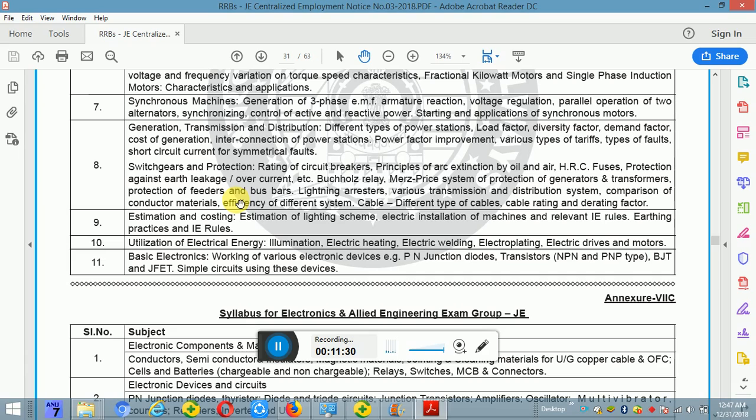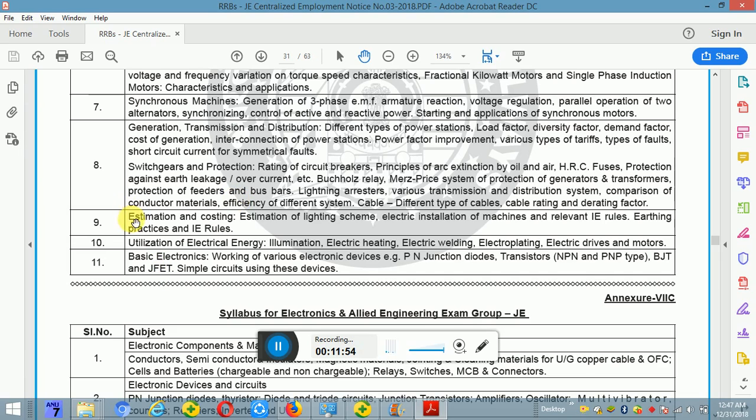Various transmission and distribution systems: distribution systems have types, and comparison of conductor materials, meaning conductors used in transmission and distribution systems. Efficiency of different systems, and different types of cables, cable grading and derating factor.